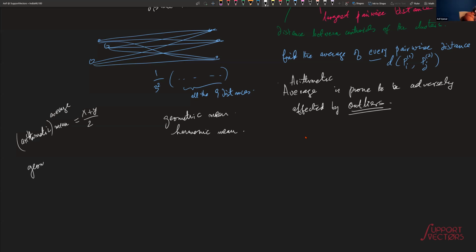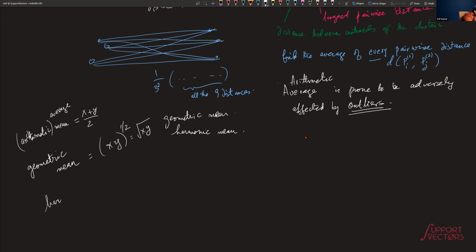The geometric mean, does anybody remember what that would be? It would be x times y, x multiplied by y to the power half. In other words, it's the same thing as the square root of xy.